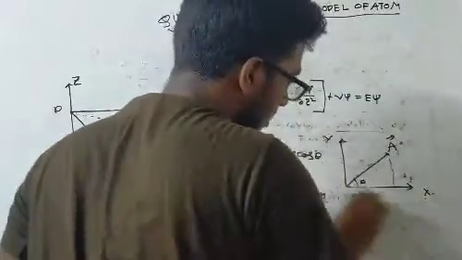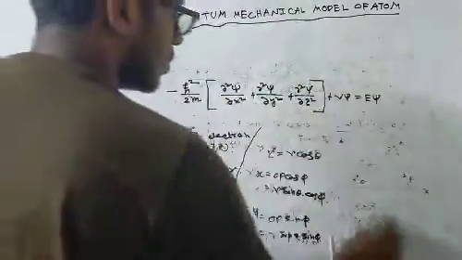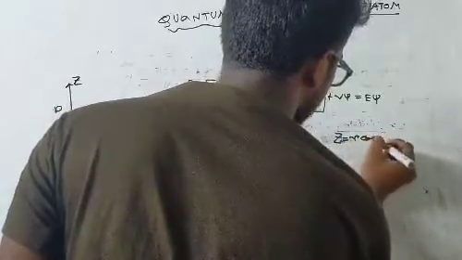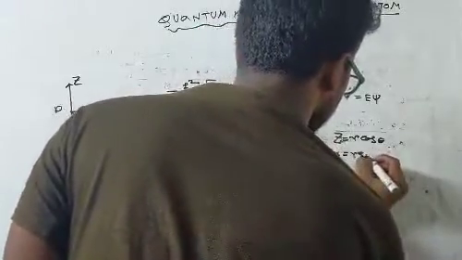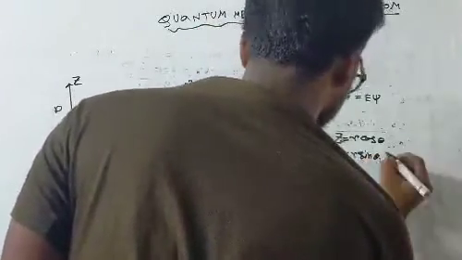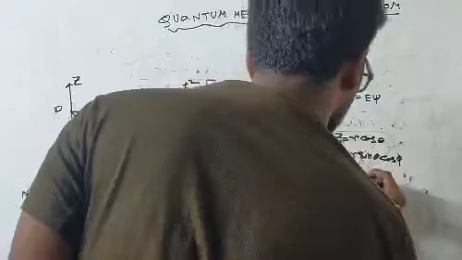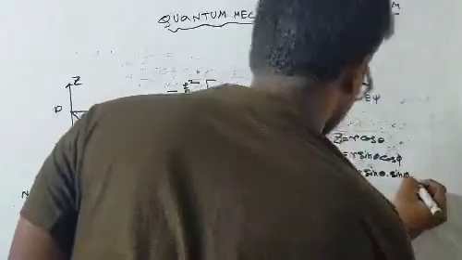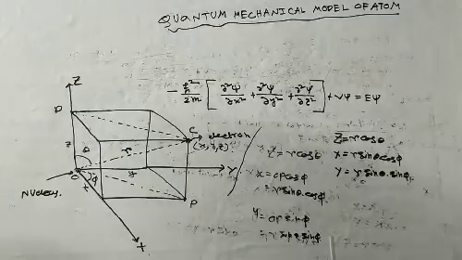I will write them again, so it will be clearer. Three results we got: z equals r cos theta, x equals r sin theta cos phi, and y equals r sin theta sin phi.